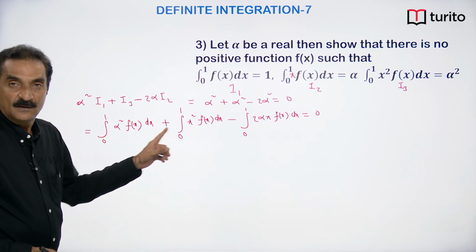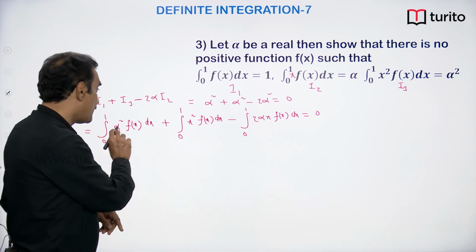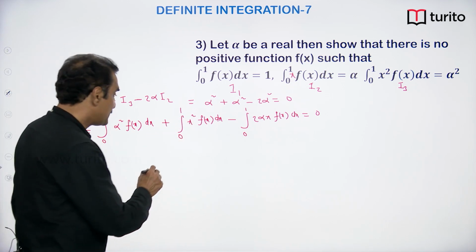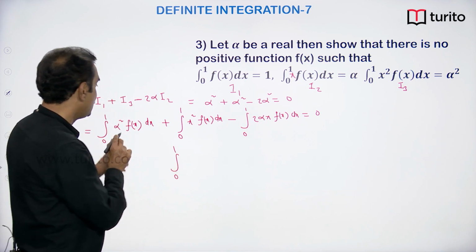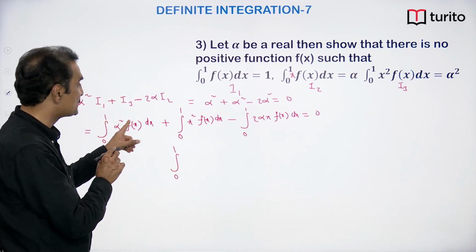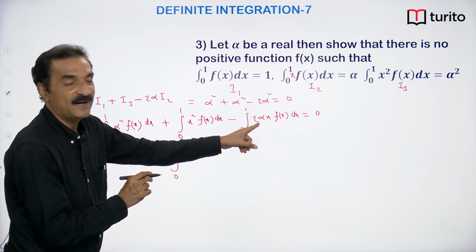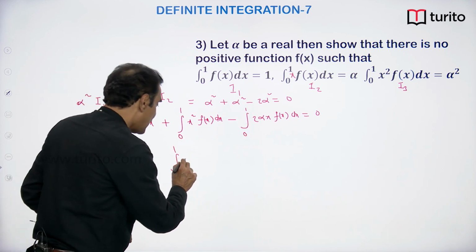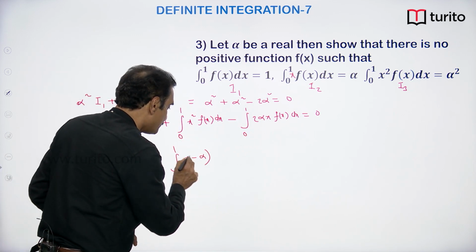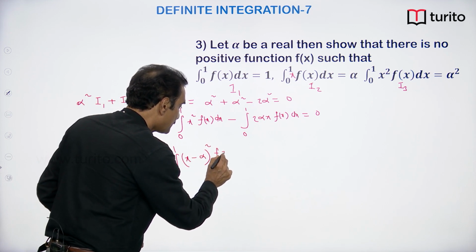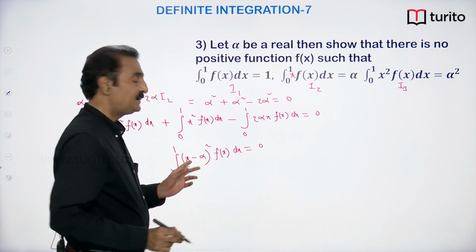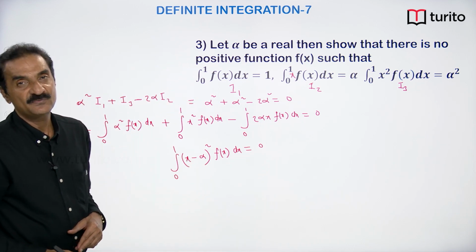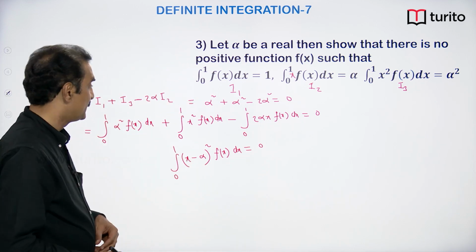Then, since limits are same and f of x is common, we can write it as integral 0 to 1, after taking f of x common, alpha square plus x square minus 2 alpha x will be x minus alpha whole square. Integral 0 to 1 x minus alpha whole square into f of x is equal to 0.